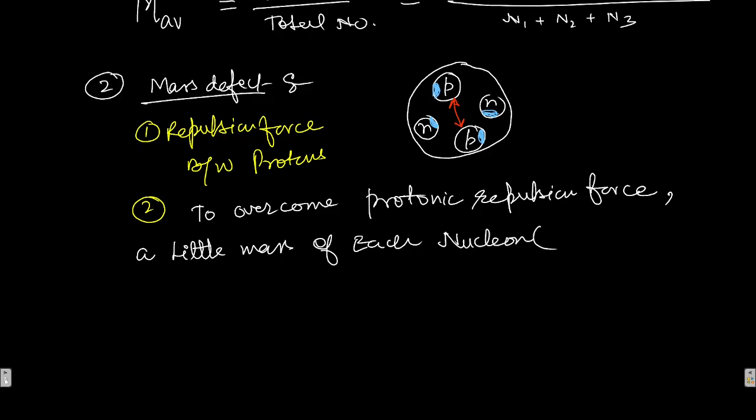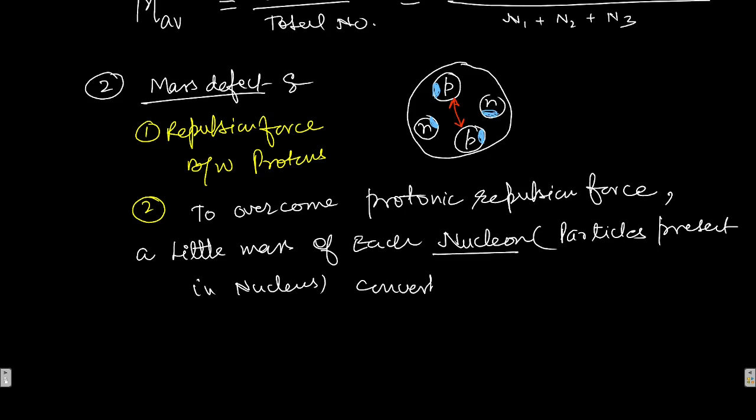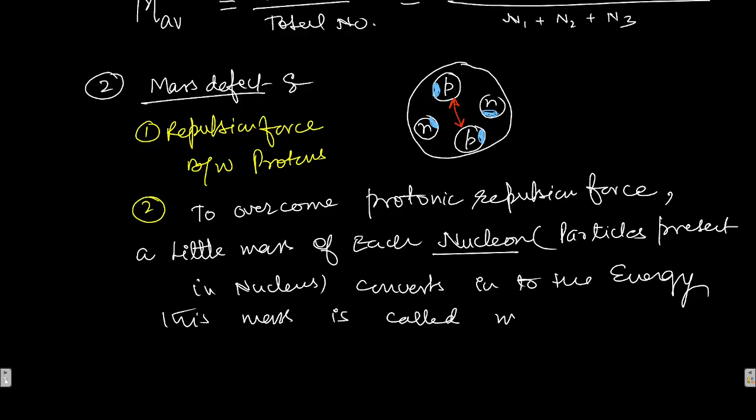Nucleon is nothing but the particles present in the nucleus. So the little mass of each nucleon converts into energy. This mass is called a mass defect.